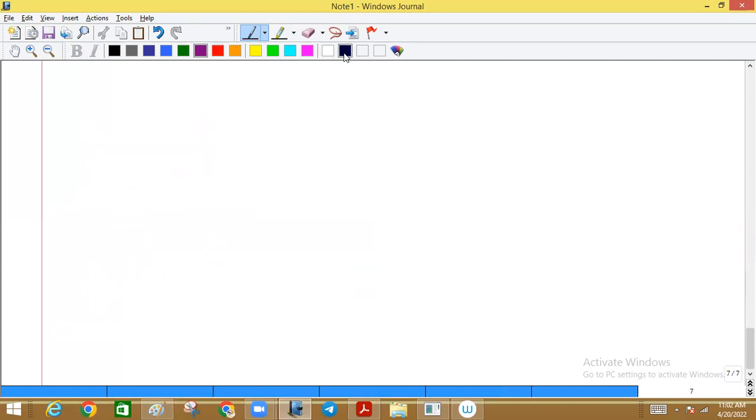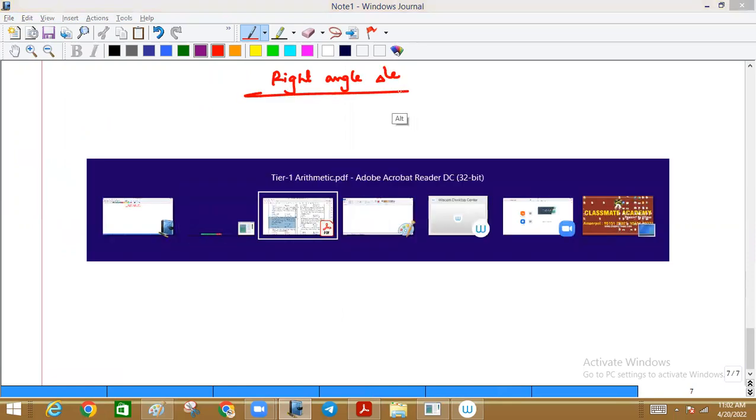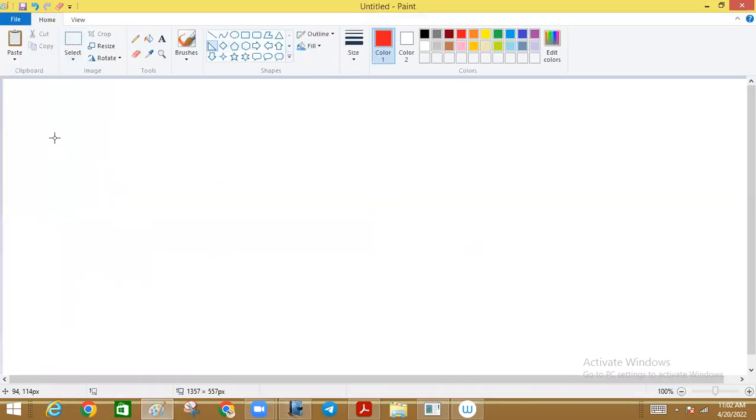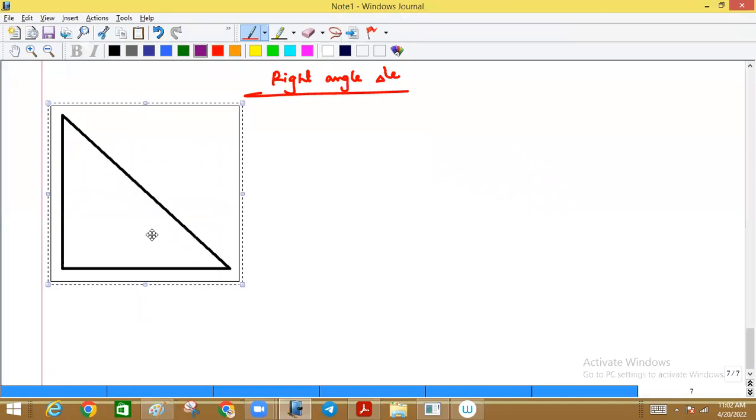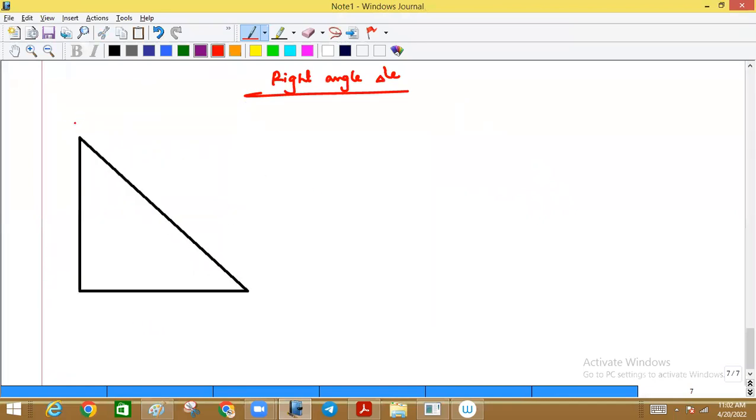We'll look at right angle triangles. Right angle at B, the side which is opposite to B, or 90 degrees, is called what?